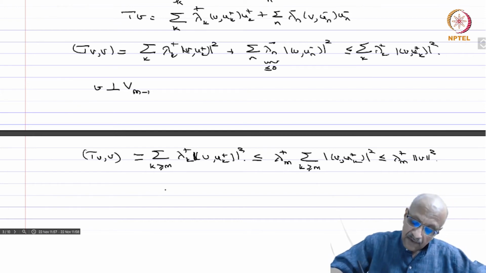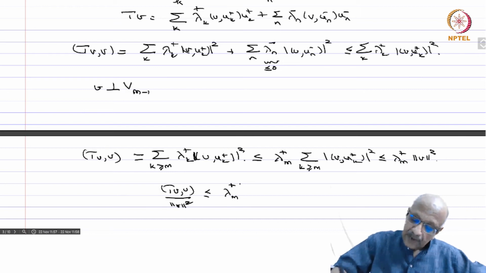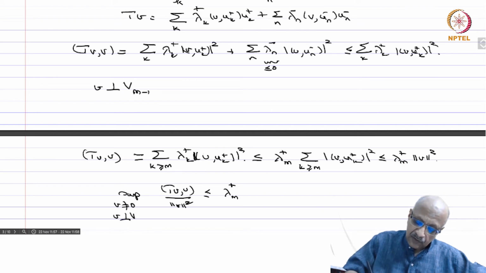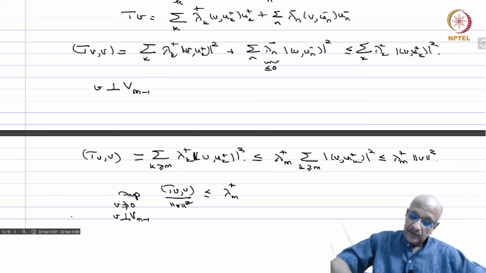Therefore <Tv, v> by norm v squared is less than or equal to lambda_m^+, and this is true for all the v's. In particular the sup over v not equal to 0, v orthogonal to V_{m-1}, will be less than or equal to this.